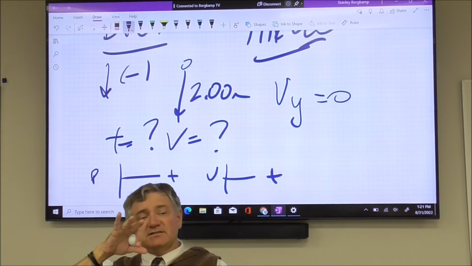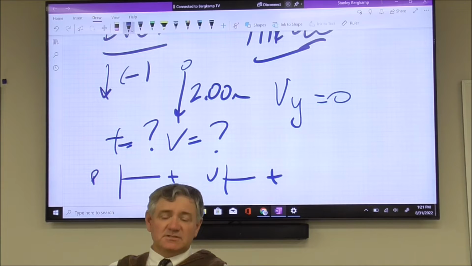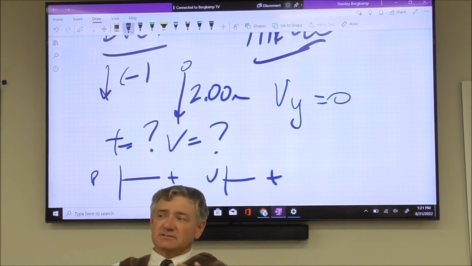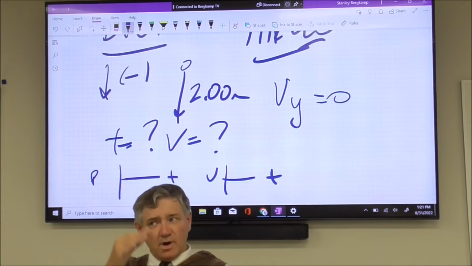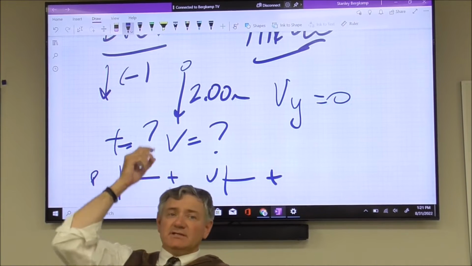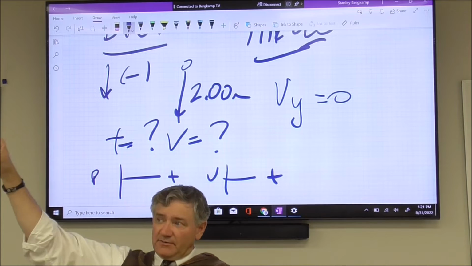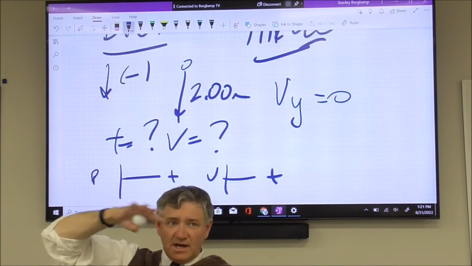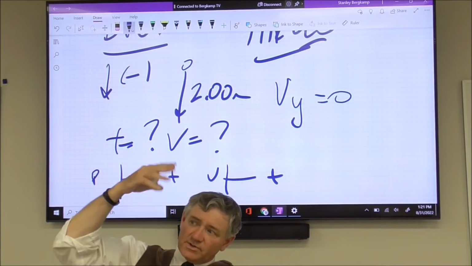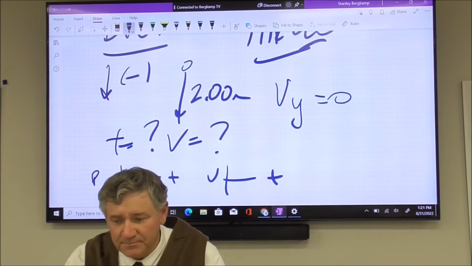So this will make sense later on. You'll see the true meaning of this. What happens in the x stays in the x. What happens in the y stays in the y. So anytime you're dealing with vertical motion, that's the only thing that's affected by a gravitational field. Horizontal velocities aren't. So that's why it's a good habit to start to put that Vy there.